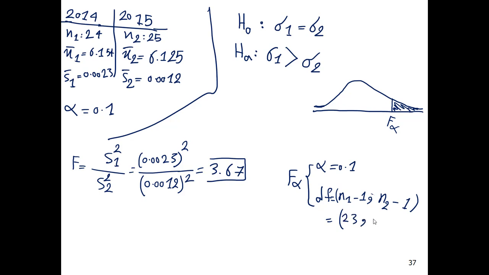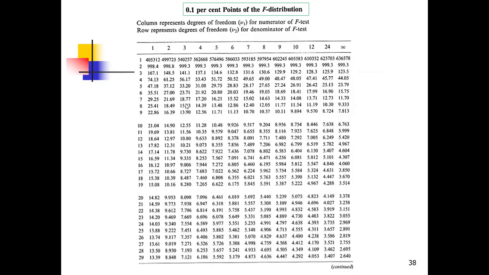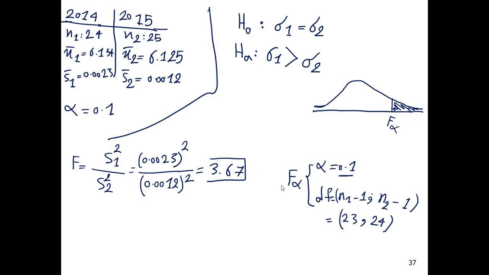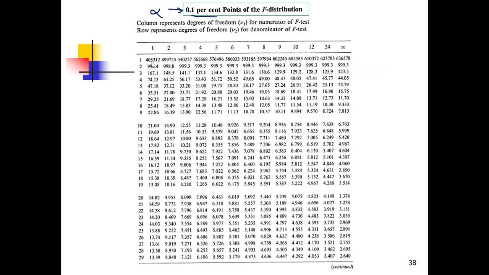And for N2, 25 minus 1 gives you 24. The F table for this alpha I have given to you in the next slide. So the degrees of freedom: first is 23, second is 24. First is in the column, second is in the row.